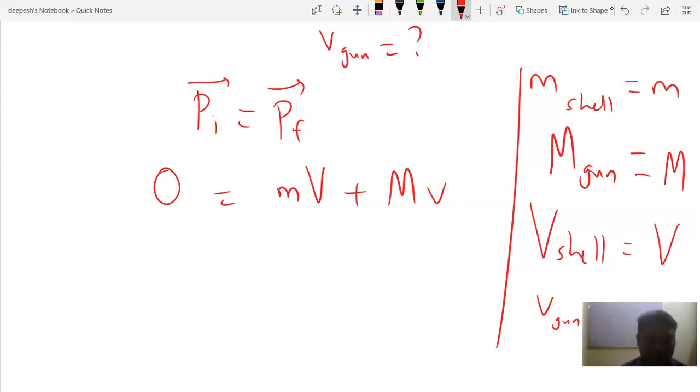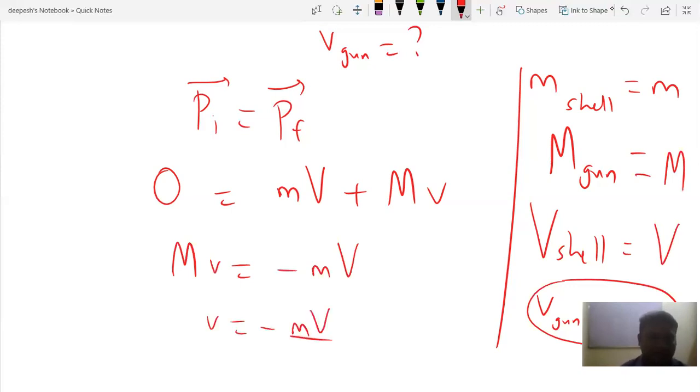In this question, we have to find the recoil velocity of the gun, which is small v. So capital M into small v is minus small m into capital V. So small v comes out to be minus small m capital V upon capital M. Let us substitute the values. Small m is given to us as 0.02, into velocity capital V, which is given as 80, and capital M, the mass of the gun, is 100.